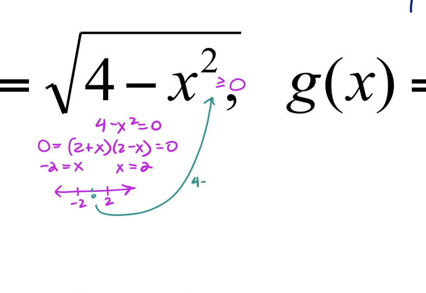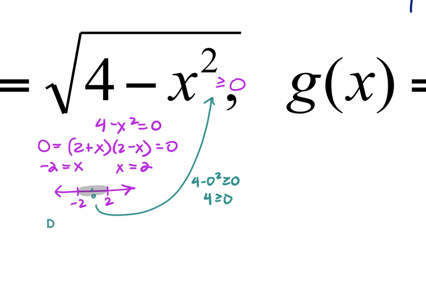So 4 minus 0 squared is greater than or equal to 0, and 4 is greater than or equal to 0. Is that true? Yes. If it's true, that's the range you use. If it's false, you use the other range. Every other is the pattern. So it would either be outside or inside.